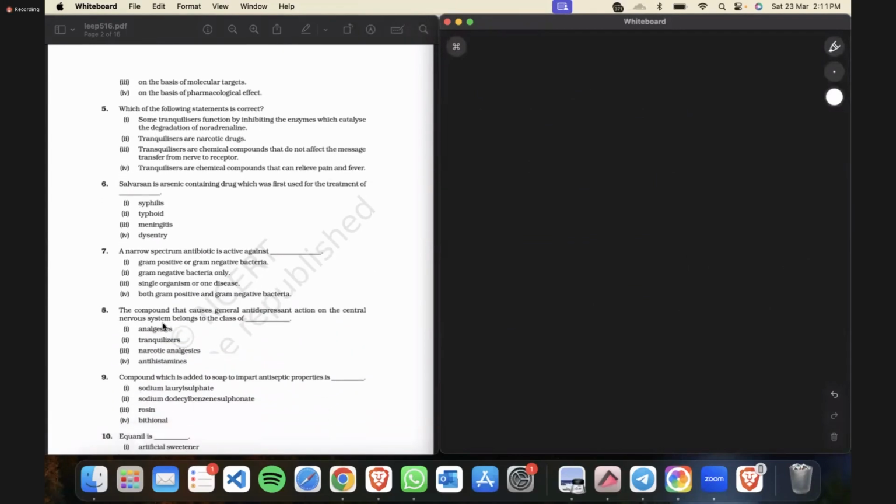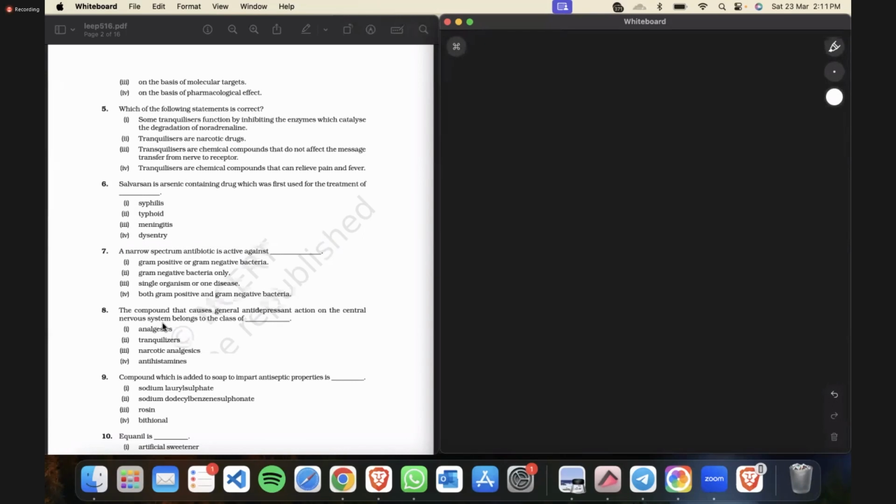Next question. Which of the following statements is correct? Some tranquilizers function by inhibiting the enzymes which catalyze the degradation of noradrenaline. Tranquilizers are narcotic drugs. Tranquilizers are chemical compounds that do not affect the message.